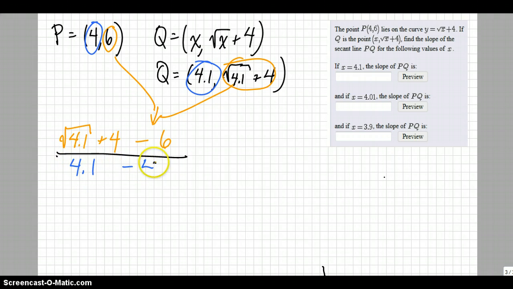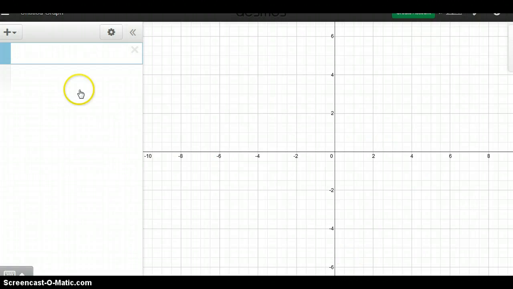4.1 minus 4. So now I have to reach for a calculator to actually do this. I'm doing the square root of 4.1 plus 4, and then subtracting off 6.